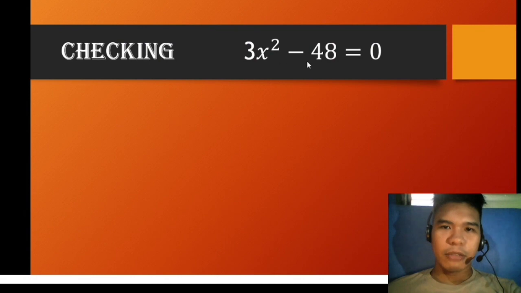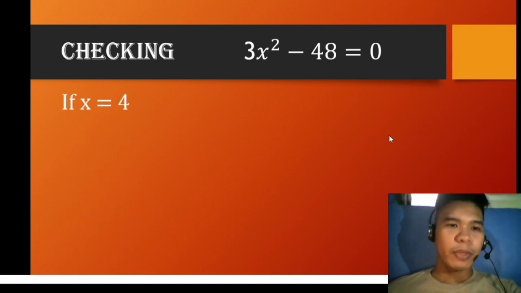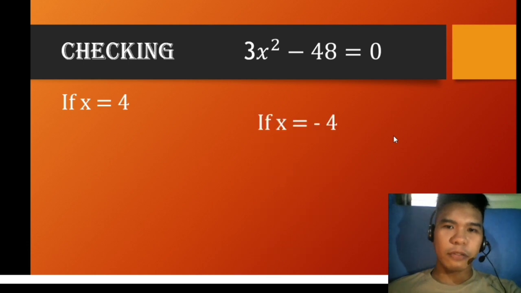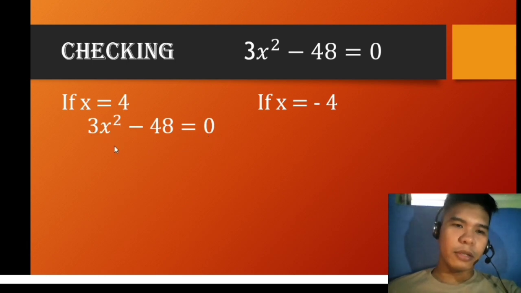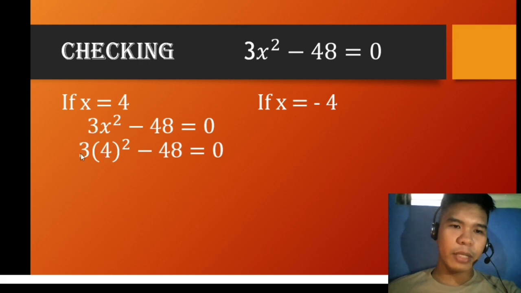So in 3x squared minus 48 equal to 0, which is the original given, we substitute x equal to 4 and x equal to negative 4. So let's start first with positive 4. We're going to substitute this positive 4 to x here. 3x squared minus 48 equal to 0. So by substitution, we copy 3, and then x now will become 4. Positive 4 quantity squared minus 48 equal to 0.